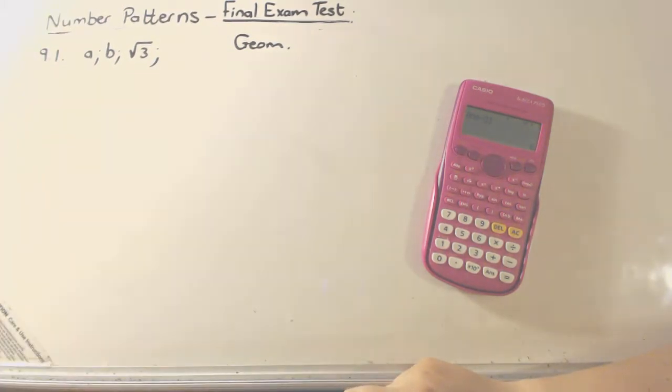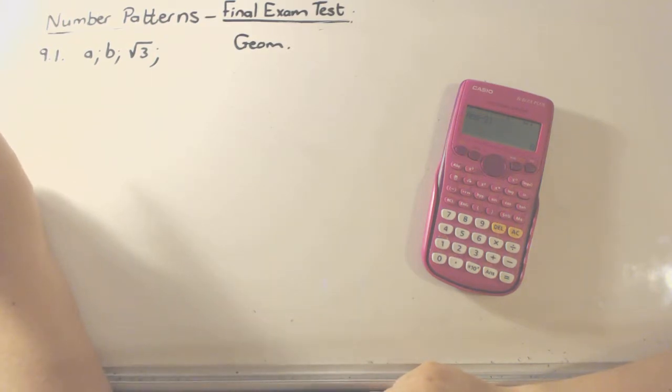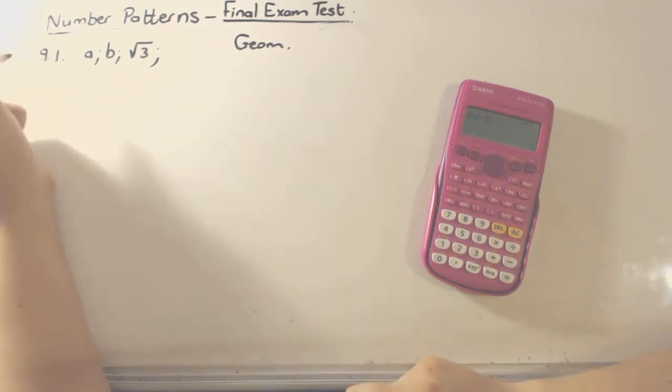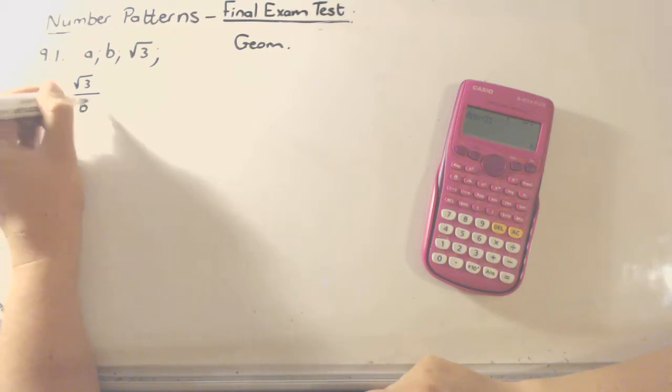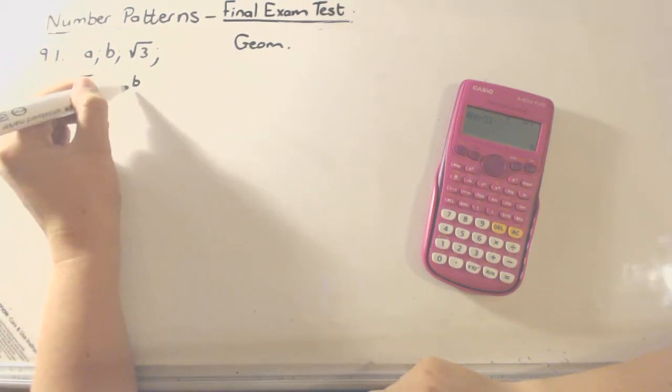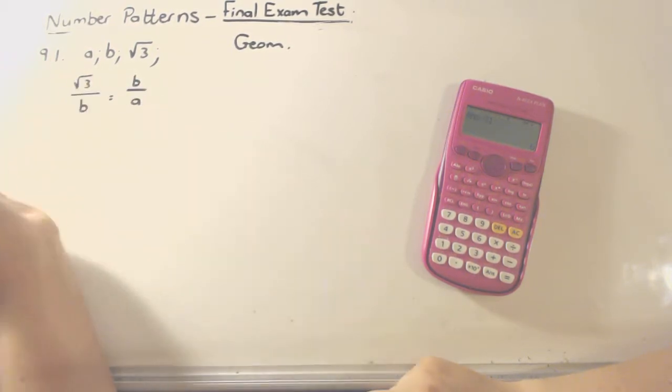Determine the relationship between a and b. Now I know for a geometric sequence that root 3 over b should also be equal to b over a.